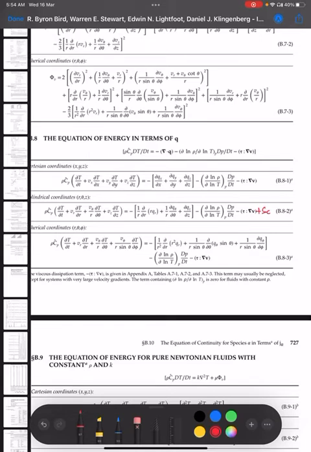So assuming that the problem is steady state, there is no flow, and the problem is incompressible. Of course, no flow means compressibility doesn't matter. There is no viscous dissipation, because there is no velocity, and the flux Q is active only in the R direction.